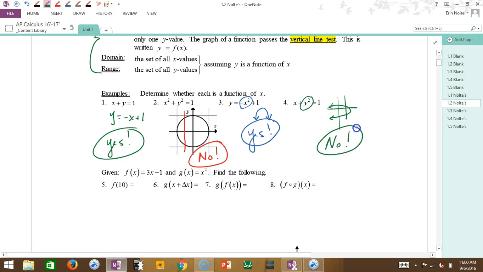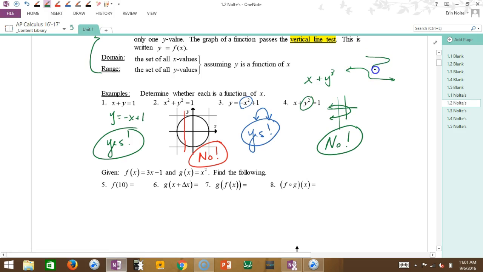So a very simple way to remember if something is a function is just looking at the type of function it is, thinking about its graph. If you see an exponent on a y, basically it does exactly the same thing as if it was on the x, but it just simply turns it on its side. So it's possible for you to have something like x plus y cubed to be a function if it's a John Travolta on its side, but it depends on the wiggle.